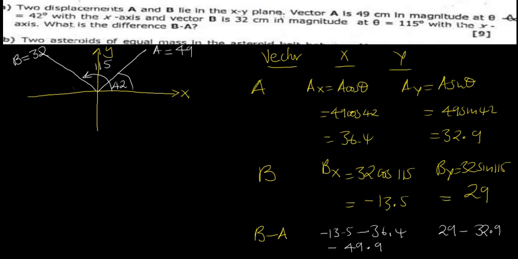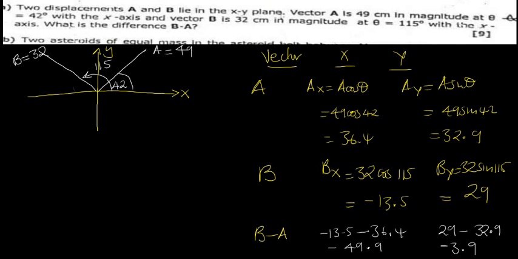And then the other one, 29 minus 32.9, negative 3.9. Alright, so we have found B minus A, the x component and the y component.